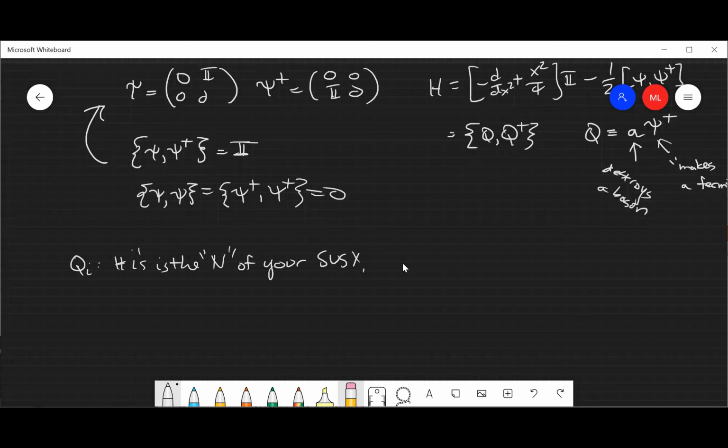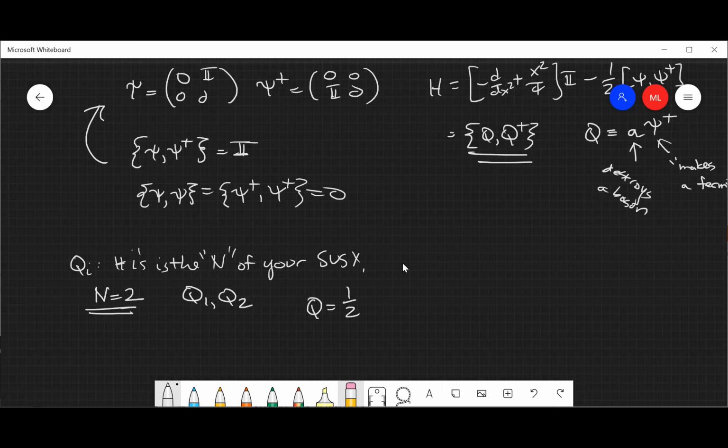And for the harmonic oscillator, it's really N equals 2. So there's actually two QIs, Q1 and Q2. And I just wrote these Qs and Q daggers. What this is all about is Q is equal to 1/2 (Q1 plus i Q2), and Q dagger is equal to 1/2 (Q1 minus i Q2).